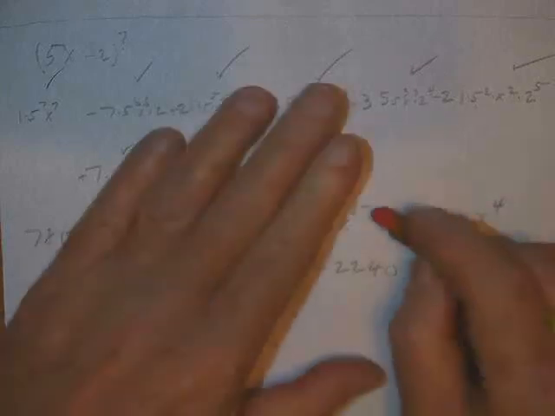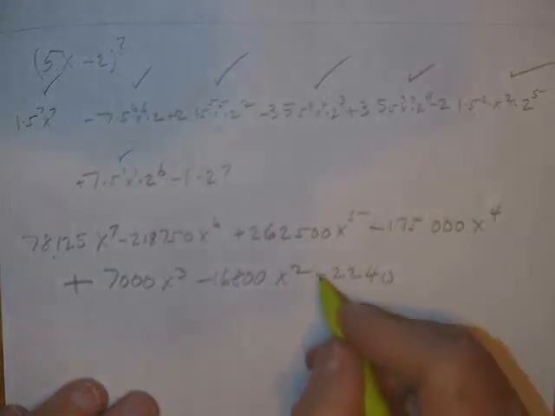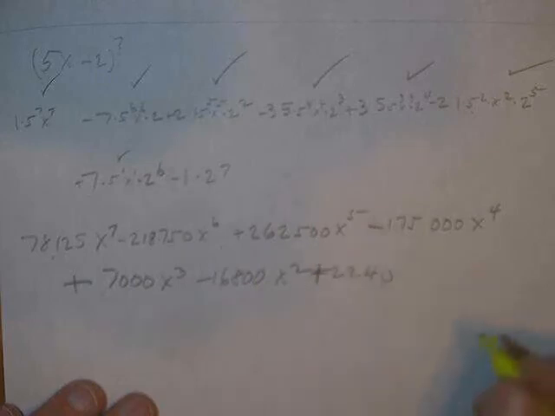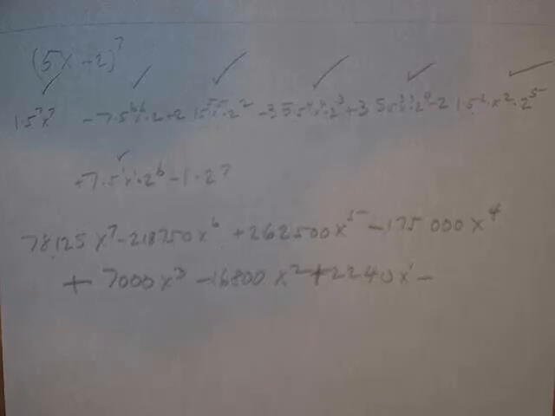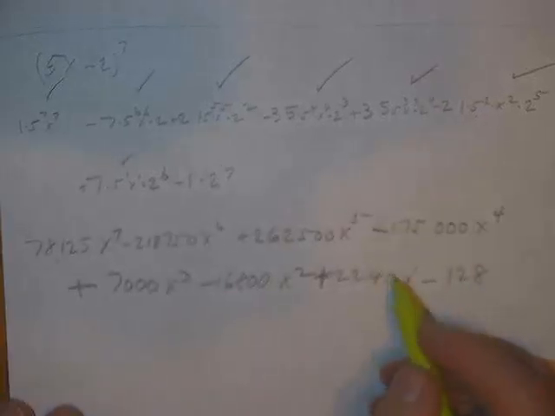Plus, minus, plus, minus, plus, minus, plus. Positive, negative, positive, negative, positive, negative, positive. Okay, got those straightened around. 240 x to the 1st minus 2 to the 7th. That sounded like 128 to me. 128. Bingo. We're done.